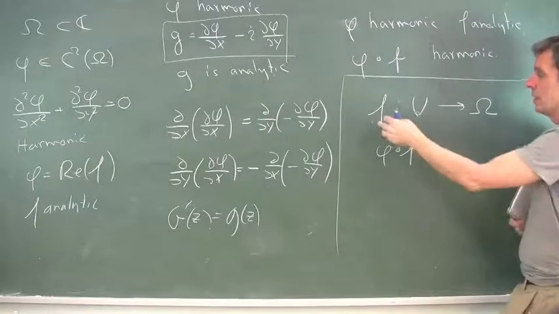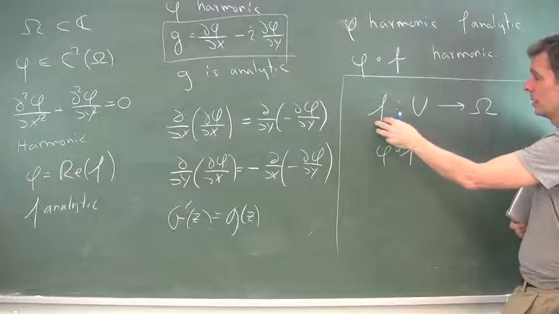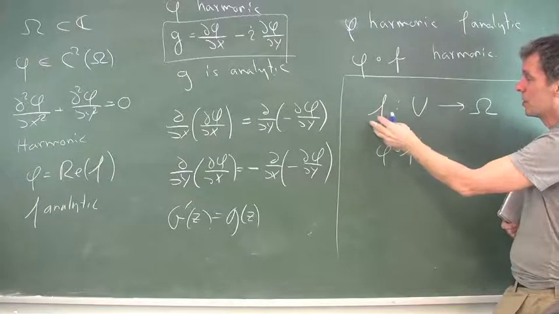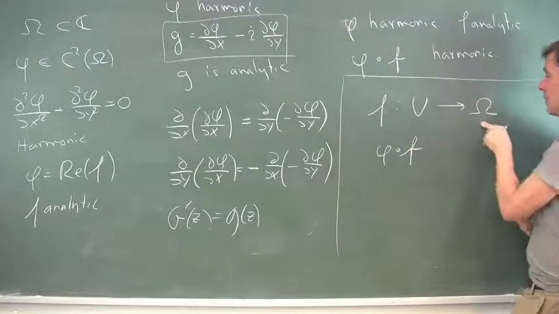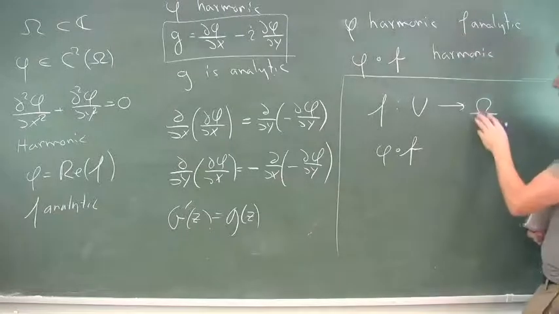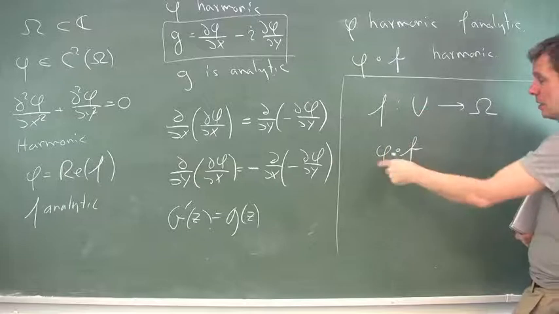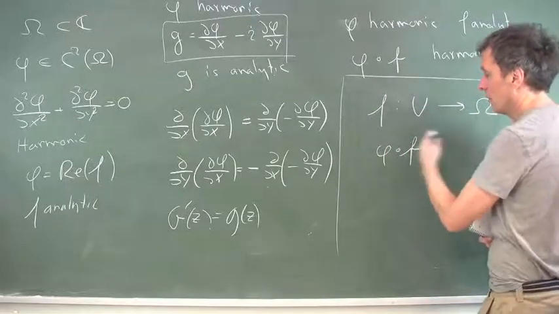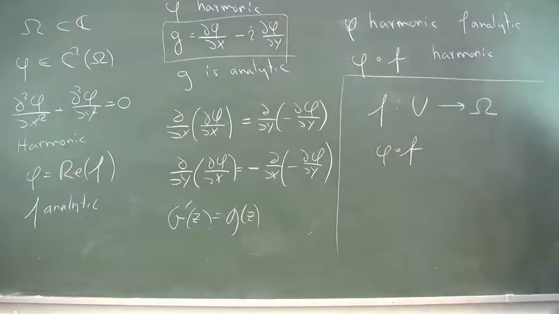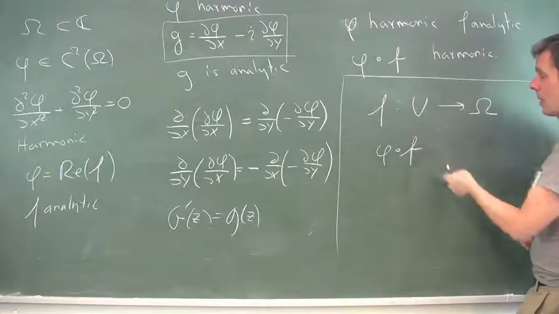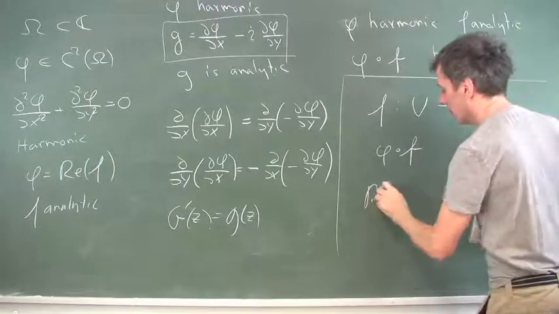Which means that for many purposes you can really study harmonic functions in any omega which is conformally equivalent to the unit disk, just by, so to speak, moving the problem back to the unit disk.